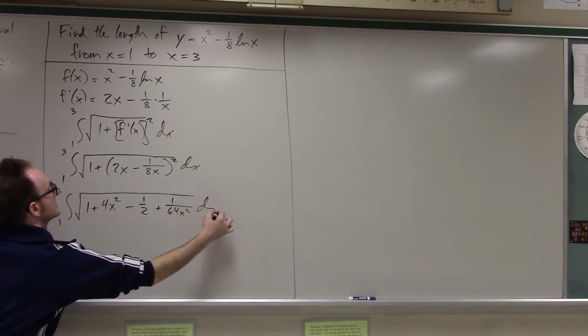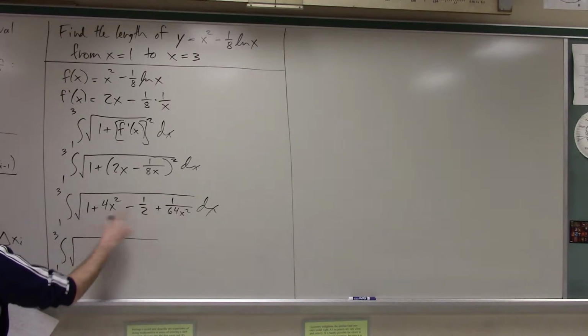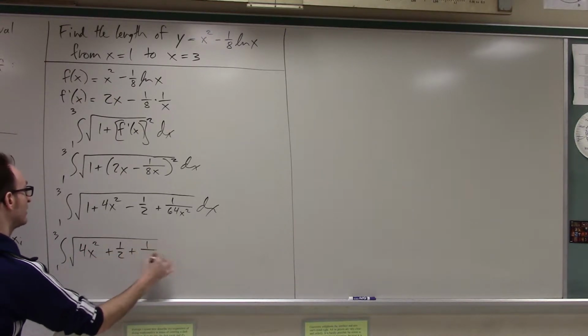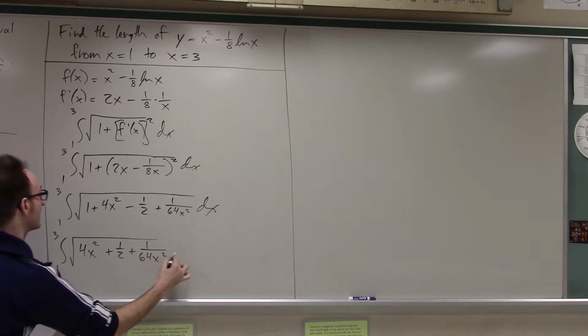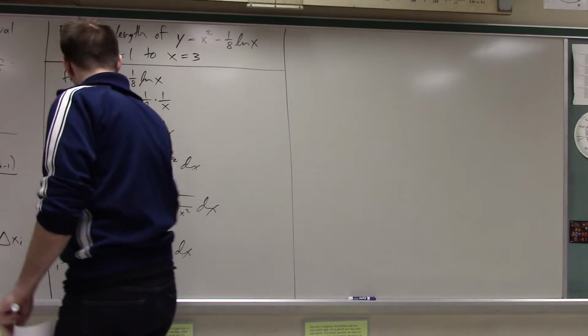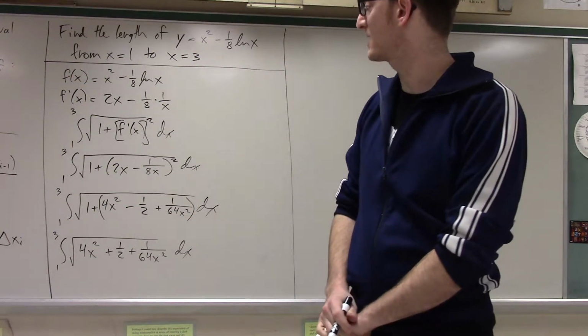But if you see what's going on here, it's kind of a trick, because this is the integral from 1 to 3 of root, well, now the 1 minus 1/2 becomes plus 1/2. So that's 4x squared, plus 1/2, plus 1 over 64x squared. But now this is basically the exact same perfect square trinomial that I just had, except it's plus instead of minus.